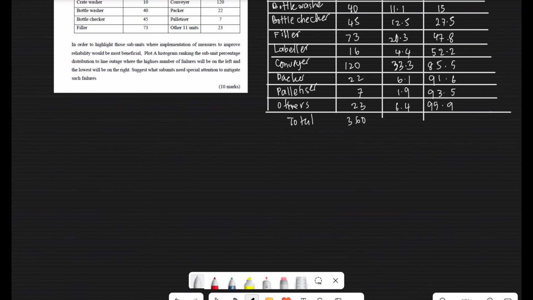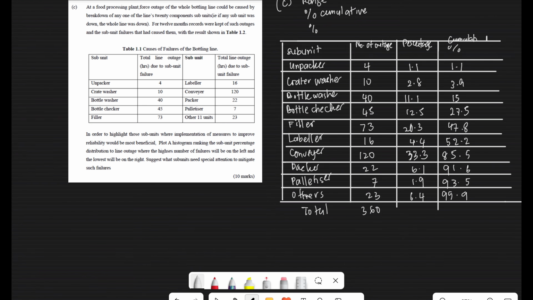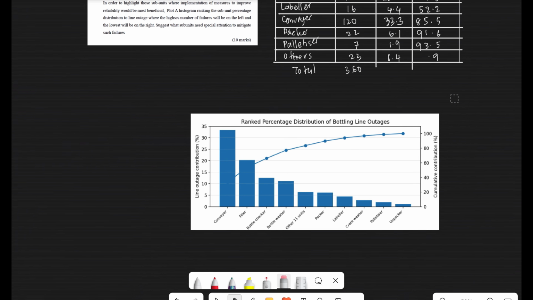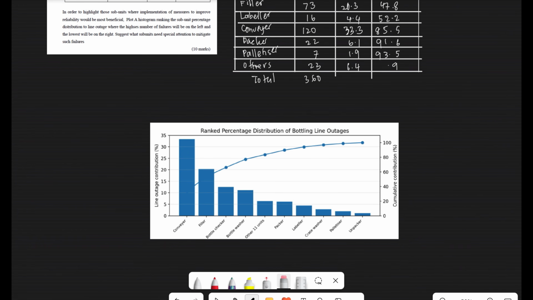Okay, draw the histogram. So when you draw the histogram, here you have also the cumulative.